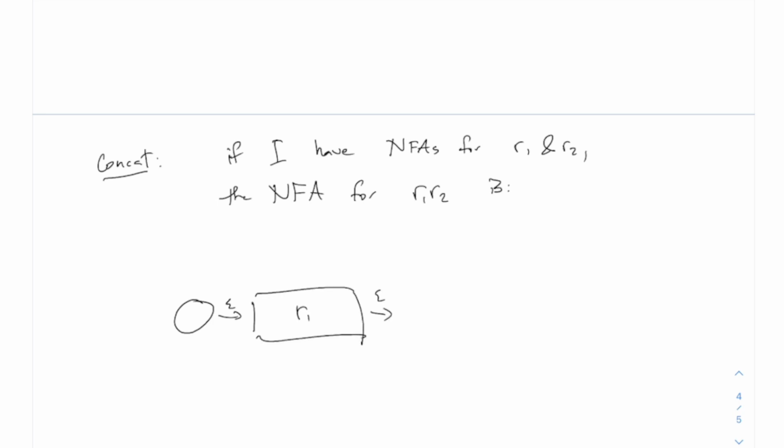This goes epsilon into the machine for R2. And then, for the same reason as before, I'm going to put epsilons into a single accepting state. So if you had several accepting states at the end of R2, you just tie them all together by epsilons into a single accepting state. That is for convenience in plugging this into another operation once you're done.